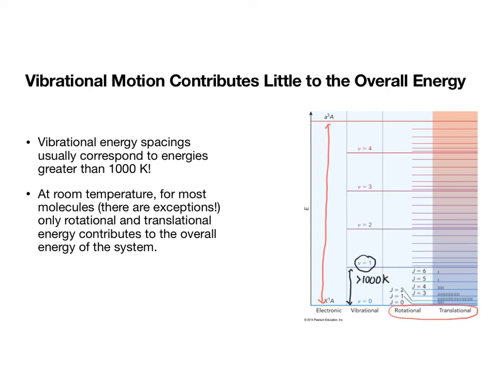Remember, we talked about torsional motion in proteins in homework 1, where that vibrational mode of torsion was important. But for the most part, most of the molecules in our system demonstrate that increase of energy with temperature as rotational and translational motion.